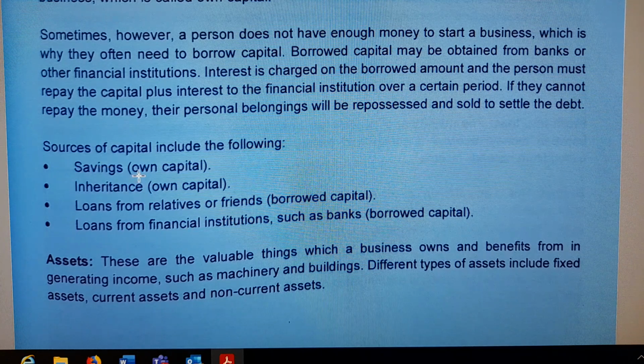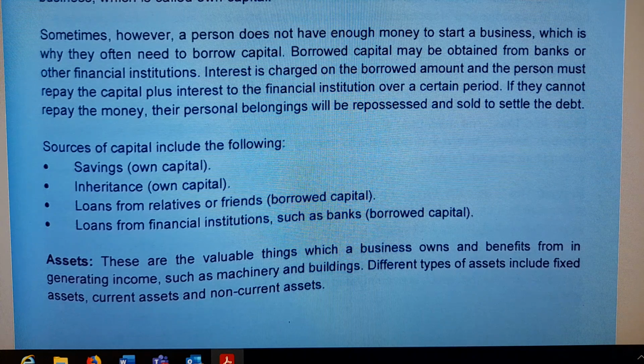But savings is your own capital, inheritance is your own capital. So when they say sources of capital, it means where can you get money? You can get money from your savings, which is own capital, inheritance, which is own capital, loans from relatives, which is borrowed capital, loans from banks, which is borrowed capital. So there are four sources of capital.